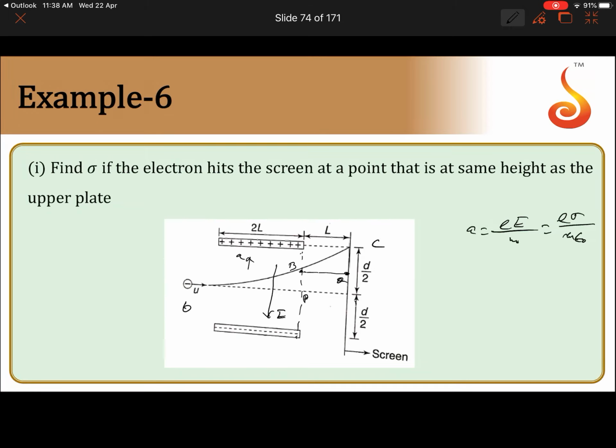So from O to B, suppose time taken is T1.